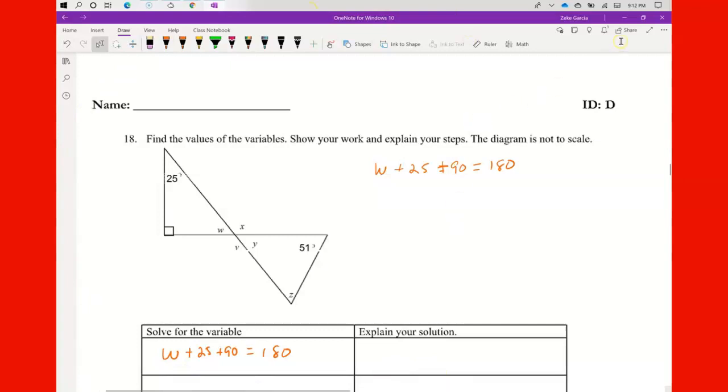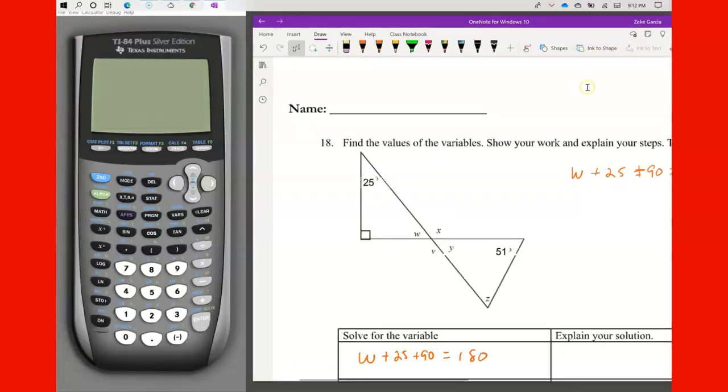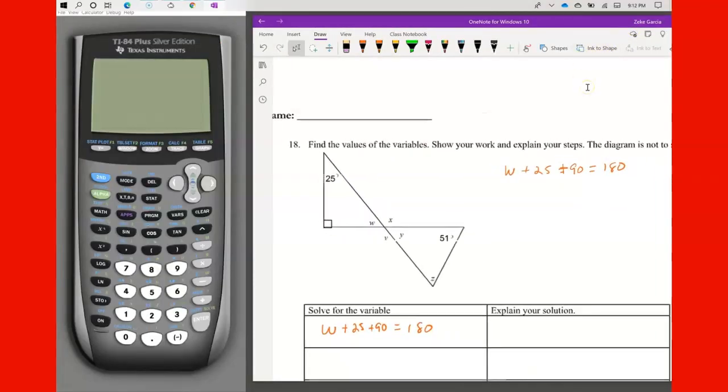And so I'm going to go ahead and bring out my calculator so I can work with you here. So we're going to add 25 plus 90. And you get 115, so you have W plus 115 equals 180.